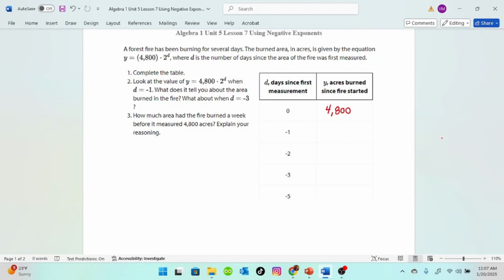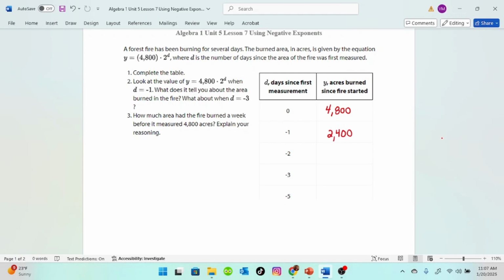Now, if we use this -1 as the exponent, that negative is going to turn the 2 into 1/2. So now what we're doing is we're cutting that 4,800 in half, and that means it's going to be 2,400 acres that have burned.